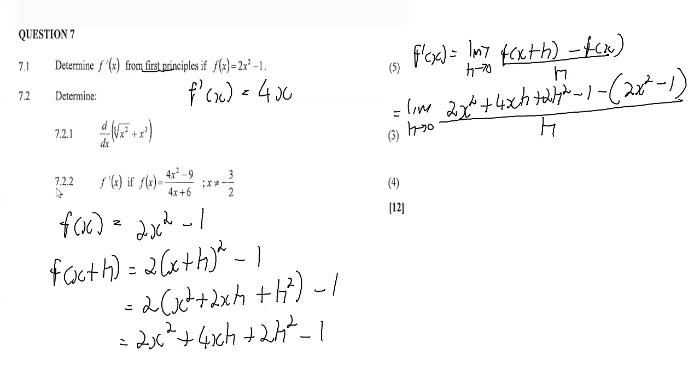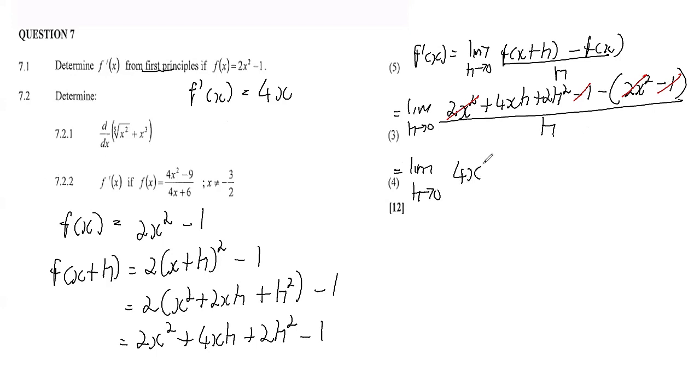Now at this point we know that these ones will cancel out. The negative 1 will cancel out with the negative 1 because eventually it will come out as a positive. Right, then let's continue. Again, do not forget your limit as h approaches 0.